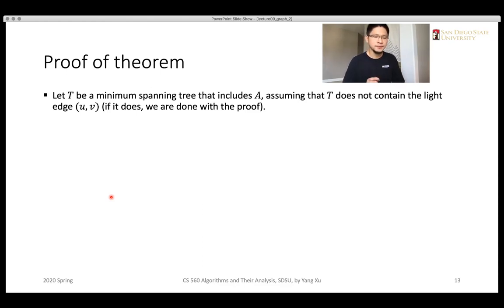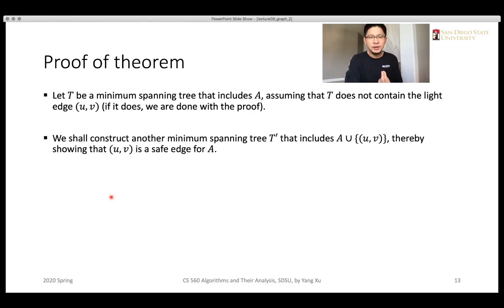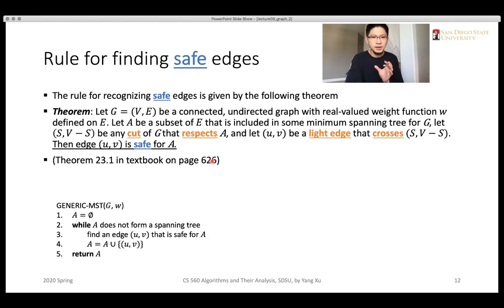Our goal is to construct another minimum spanning tree T prime, which is different from T, but includes not just A but also the light edge from U to V. Then we can show that the edge UV is safe for A. Just remember the goal is to prove that the edge UV is safe for A. This statement is what we want to prove in the theorem.